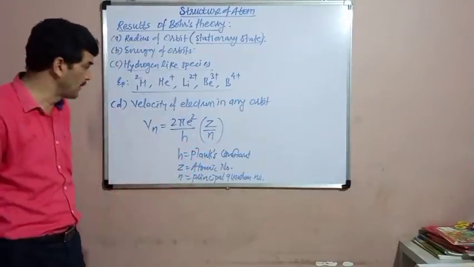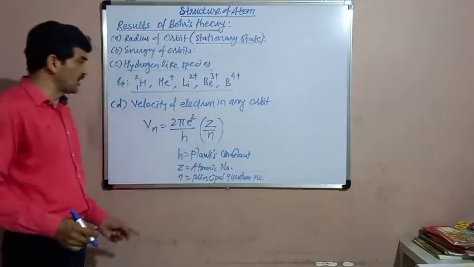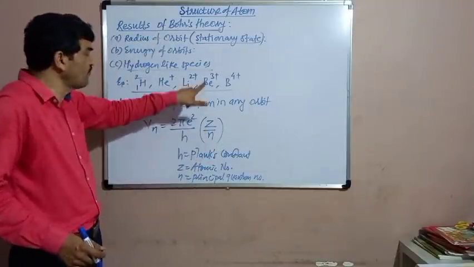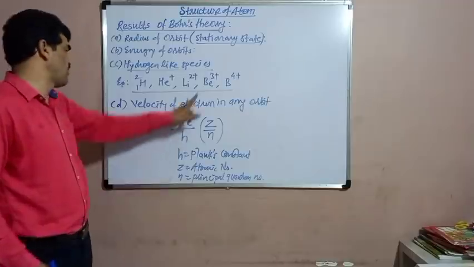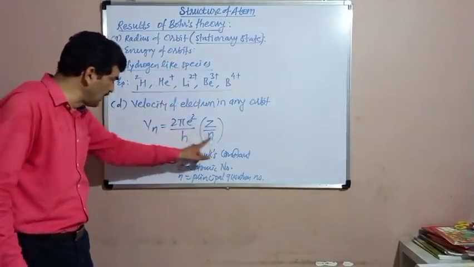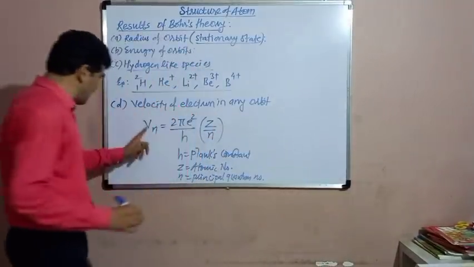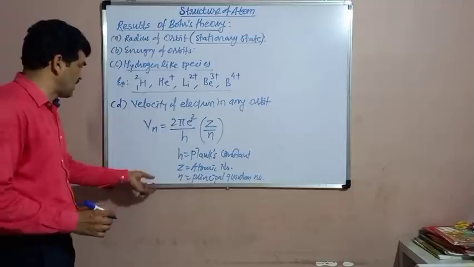If we have to calculate the velocity of electron in the second orbit of beryllium 3 positive, then Z equal to 4 and for the second orbit n equal to 2. In this way, the velocity of electron in any orbit can be calculated by using the formula.